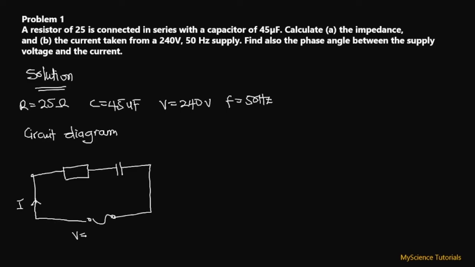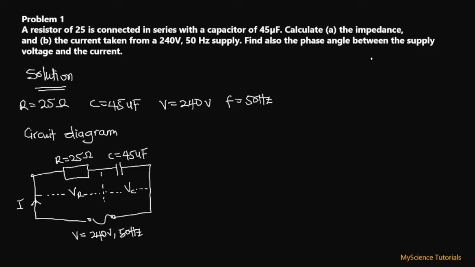My applied voltage is 240 volts and the frequency is 50 hertz. My capacitance C is 45 microfarad. My resistor has a resistance of 25 ohms. Then we have our VR over here, and then we have our VC over here. So this is our circuit diagram for this particular example.